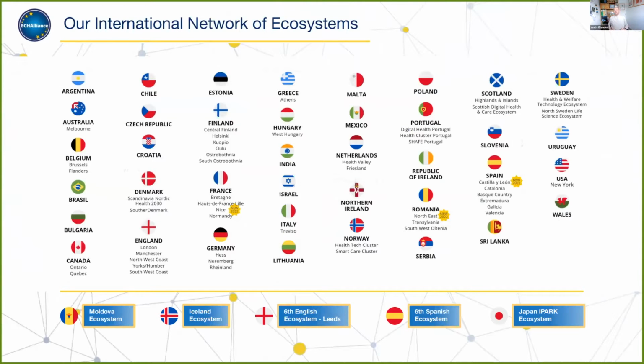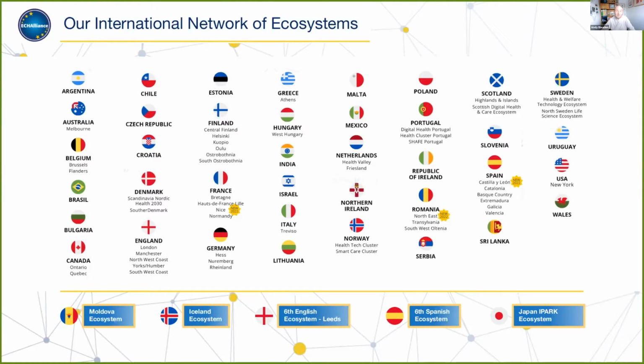We've built a network of these ecosystems up across the globe that you can see in front of you. Some of them are represented today, so we've got representatives from Scotland and Ireland, from Northern Ireland, Poland. We've got speakers also from the Netherlands and from Belgium too, from one of our projects, BEMA project. But that growth has come despite, probably even because of COVID, as people have sought better ways to collaborate.